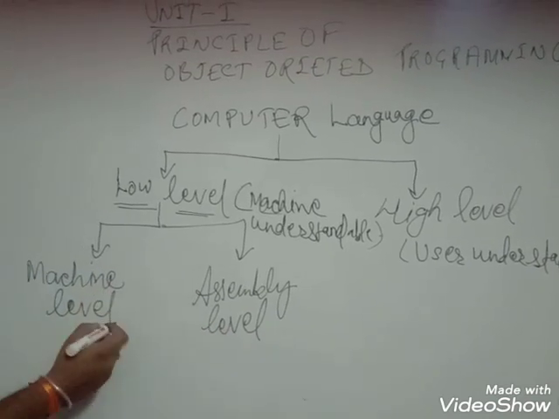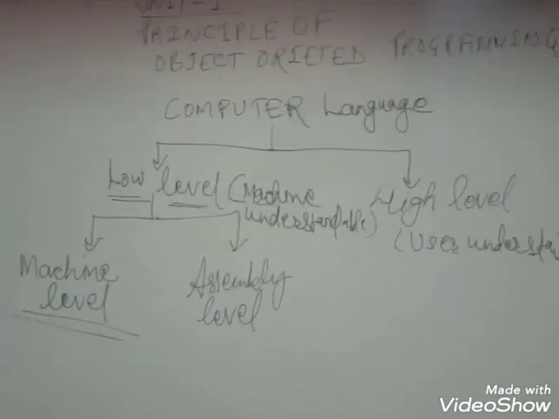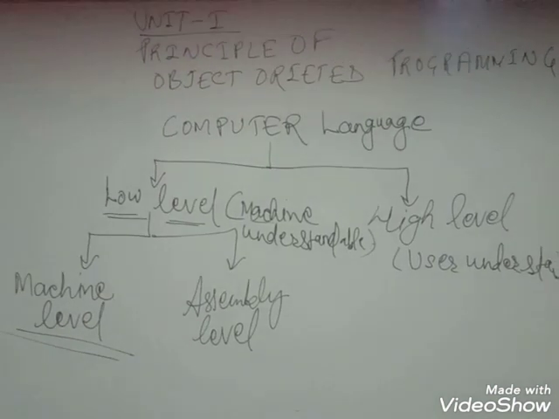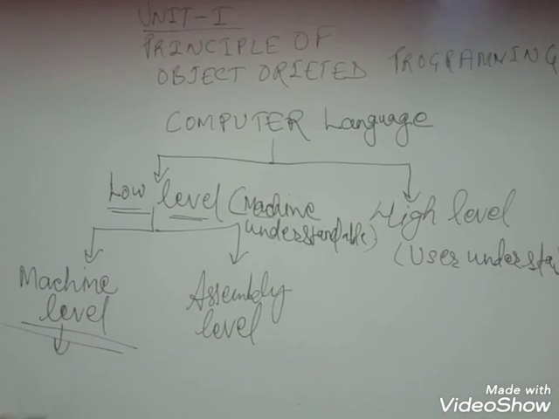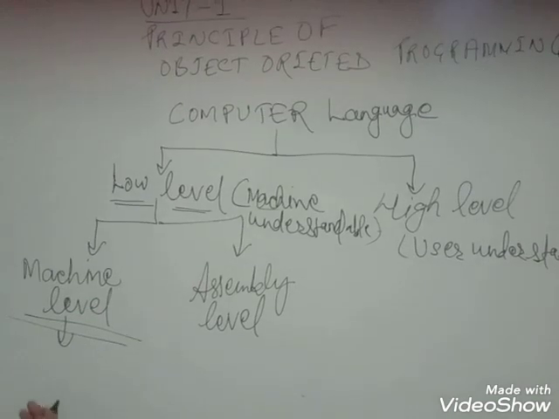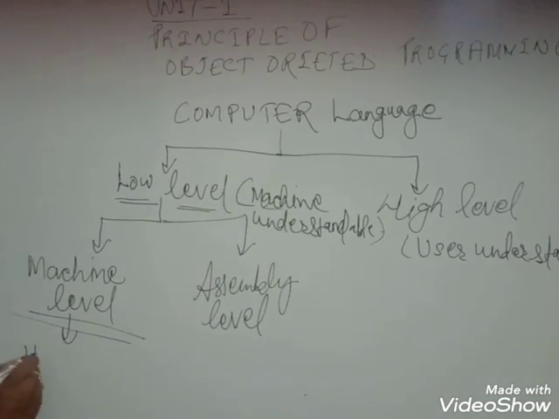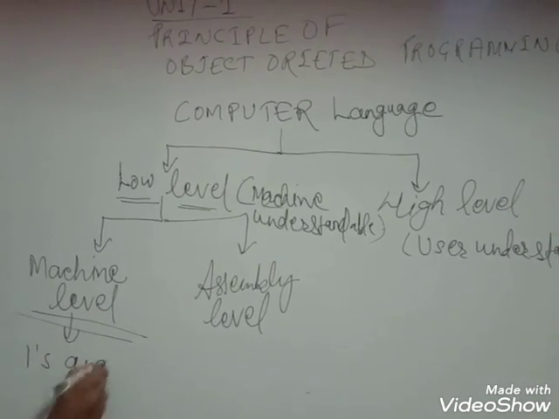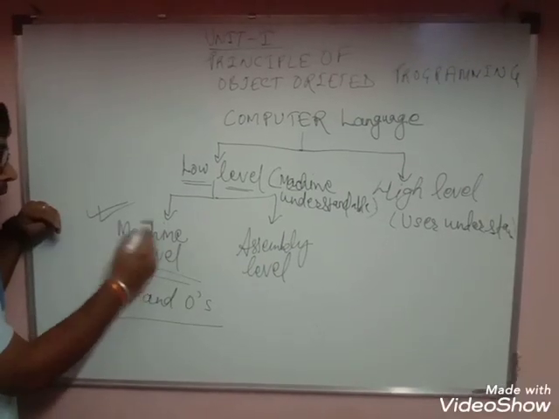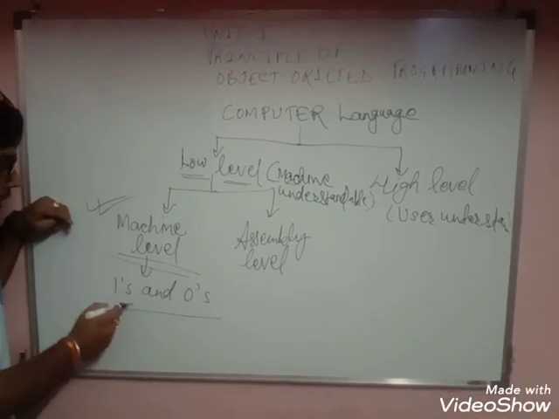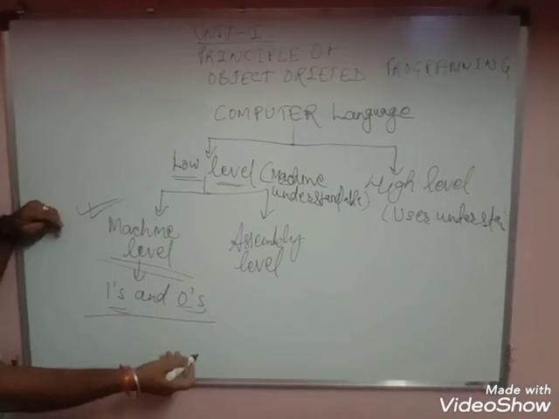Now I am coming to machine level language. What is machine level language? Machine level language is a language in which the instructions are coded in the form of ones and zeros. In programming in machine level language, you have to write only ones and zeros in your program.